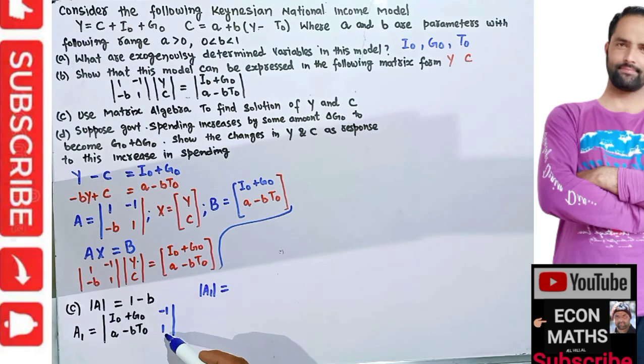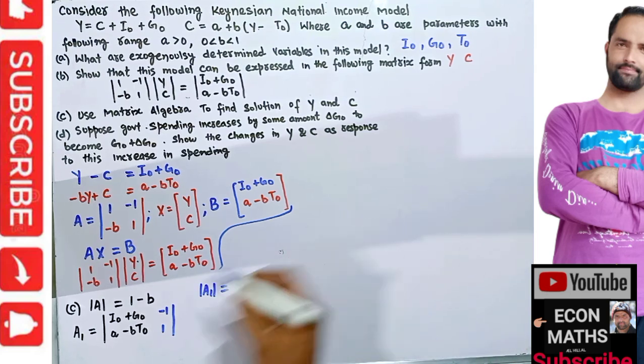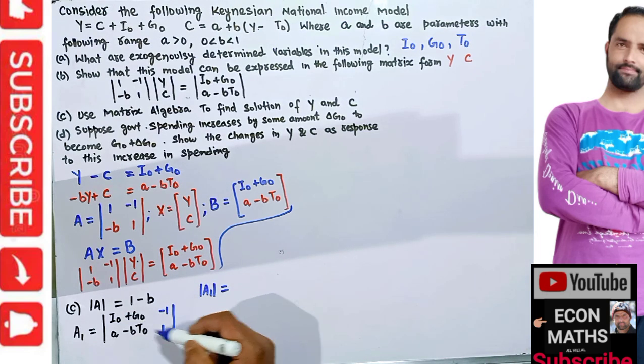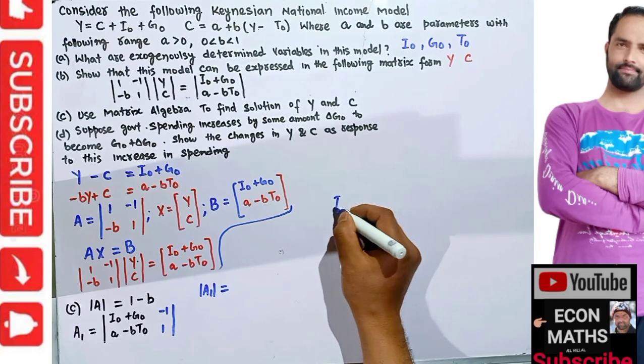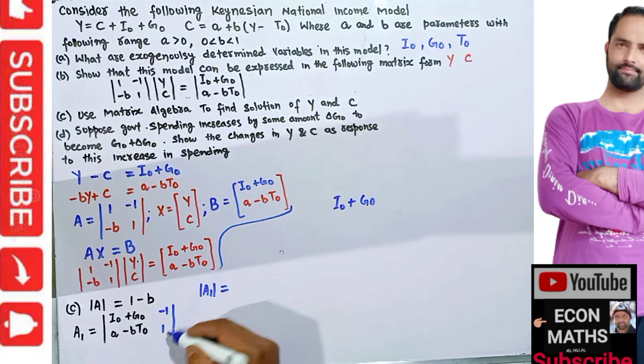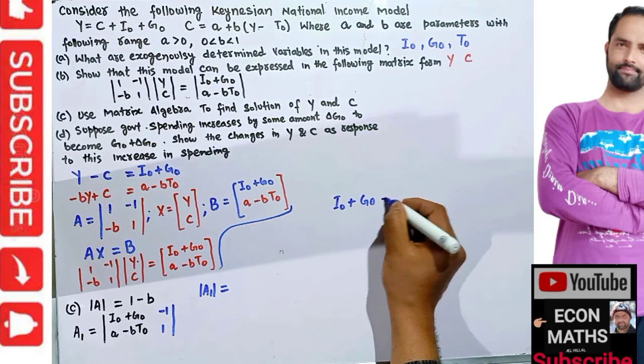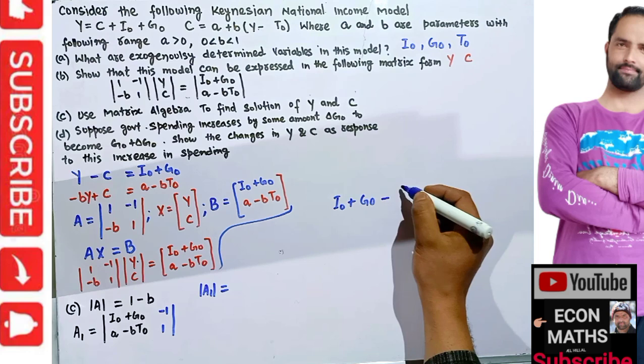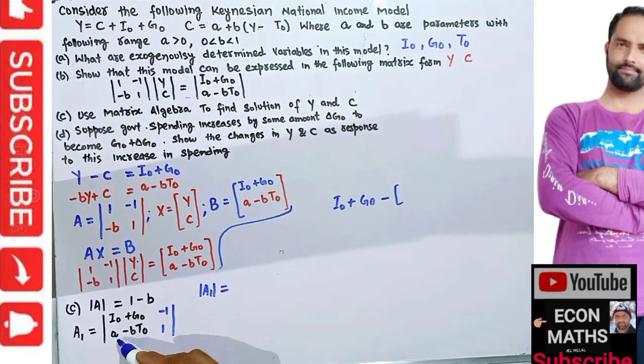First we multiply these two elements. Okay, and let me show it here. So if this is our matrix, we multiply these two, so we have I naught plus g naught. To this we multiply 1, so it will remain the same. Then we write minus, okay, and multiply these two elements.